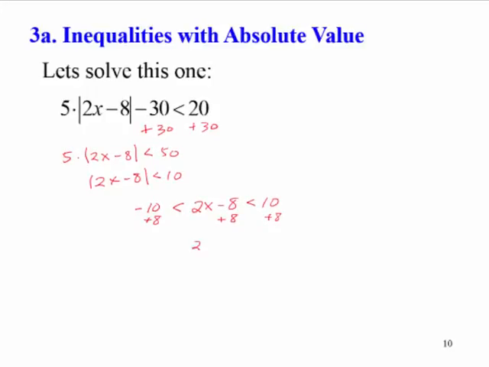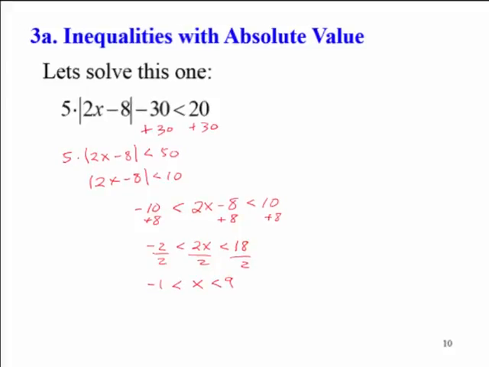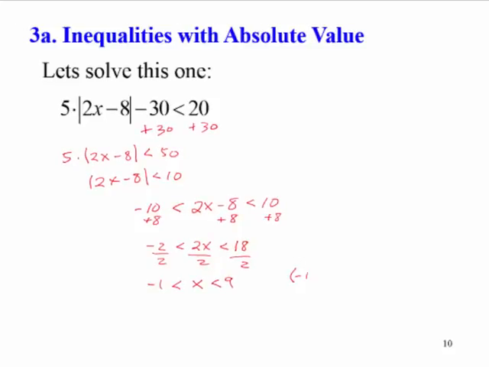We get 2x is less than 18, but also greater than minus 2. Divide by 2 on every side, and we get x is less than 9, but greater than minus 1. So that's minus 1 to 9.